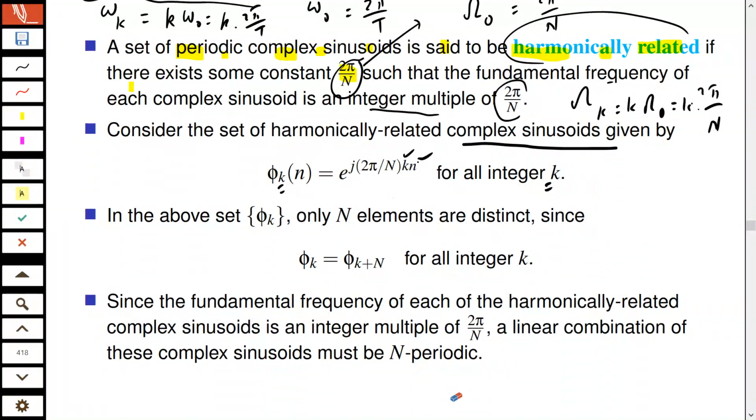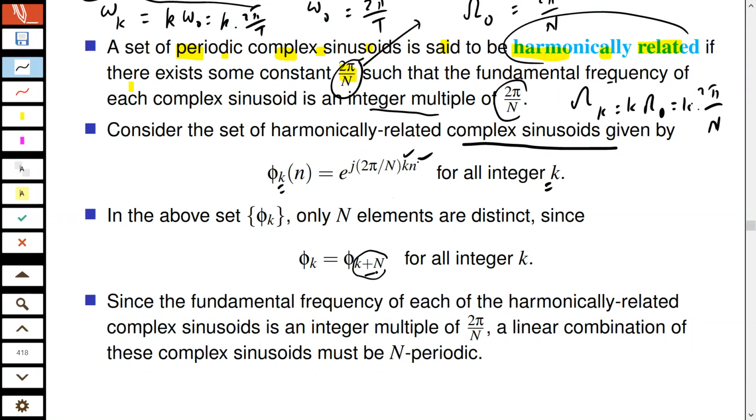Okay, so only N elements are distinct. Now this is the thing which was not there in continuous time. In continuous time, all the frequencies were different, and every time you get a different sinusoid there. But here, because of the discrete time, you have this periodicity.